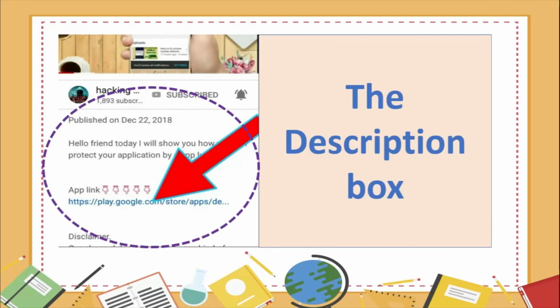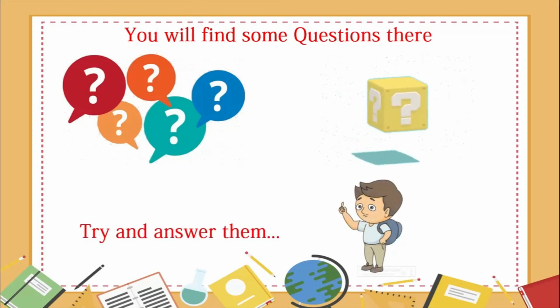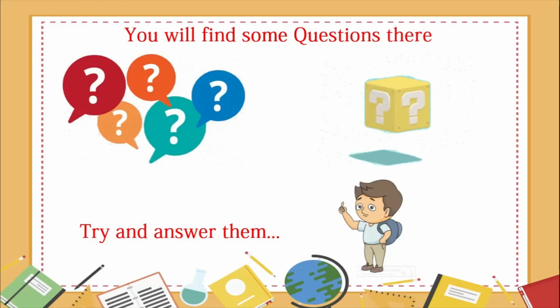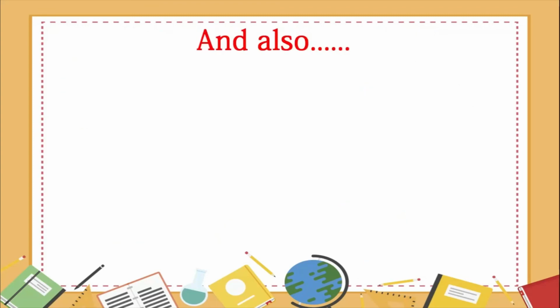After you go to the description box, you will see that there are a few questions there. These questions are about the lesson that we just learned, or the video that you just watched. So you will think back properly about the lesson and try and answer these questions, and note down the answers in your notebook if you want. After that, we have another task waiting.